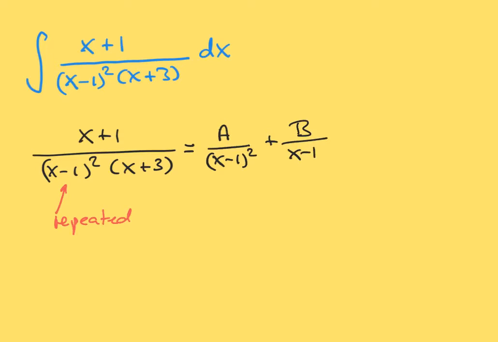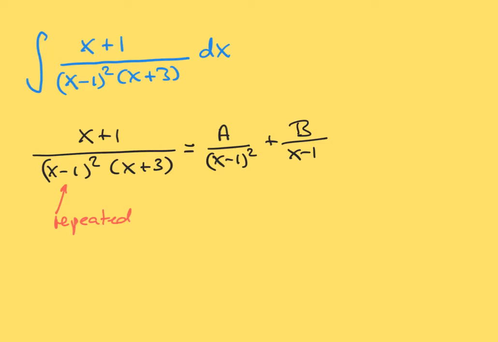And if you'd chosen to write these first two terms the other way around, say as a over x minus 1 plus b over x minus 1 squared, that's obviously perfectly fine, and it just means that you're redefining what's a and what's b. But at the end, you're going to calculate a and b in an application.